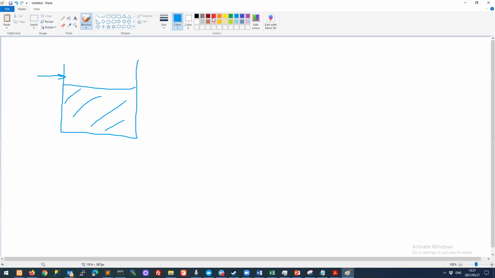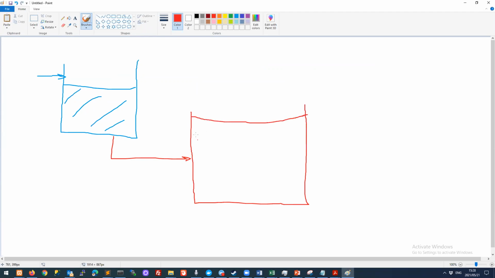And then the exit from this tank is feeding to another tank. And maybe its level is much higher, but it's not above the level of the first tank, right? This level is still below this level. And you've got a flow through here.